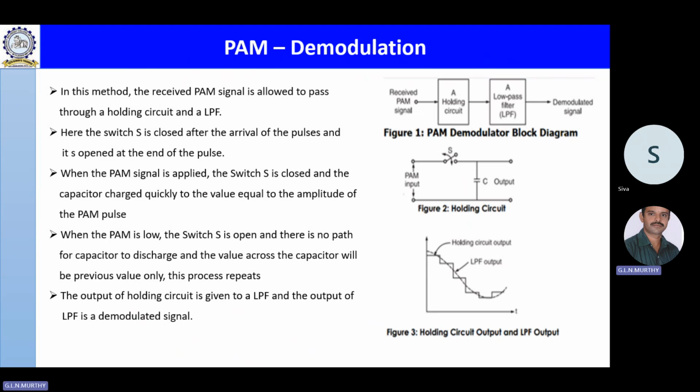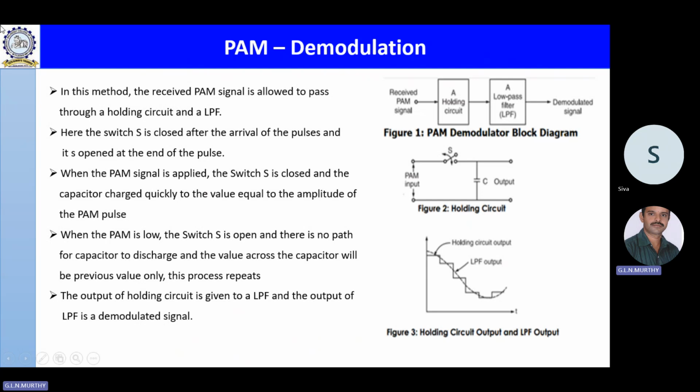A holding circuit is going to take the first PAM pulse. The output of the flat top sample signal is PAM, which contains a number of pulses with varying amplitudes. First pulse is taken. The holding circuit maintains that pulse till the next pulse is received.